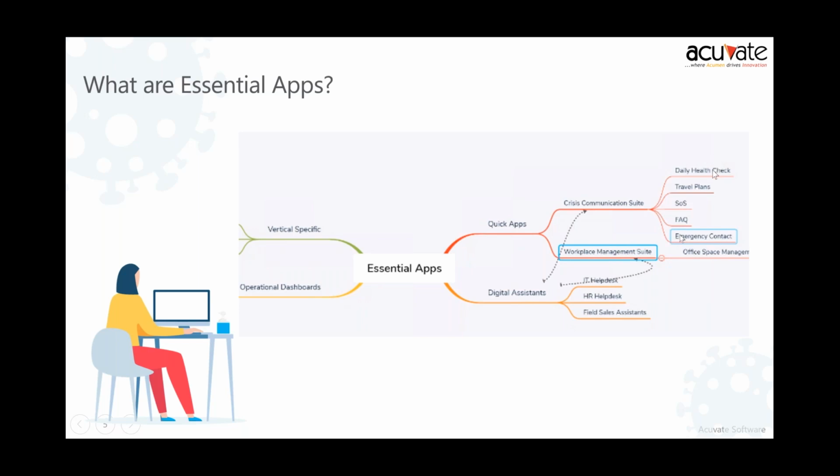As a part of the essential apps, what we're going to cover in today's webinar is primarily around crisis communication, and to showcase to you how we have quickly built and launched crisis communication applications in a matter of weeks, which we have used internally within Accurate to help our employees, as well as launched for several of our customers as well.